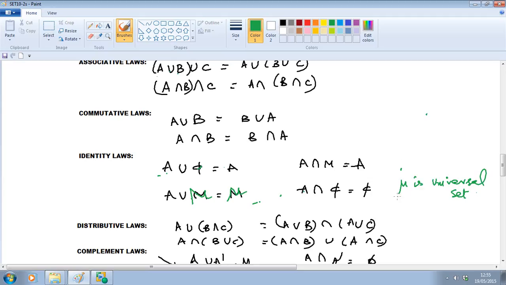We write it like this, perfectly. It's called mu. So A intersection null, when you use intersection, we get null only. And A intersection mu is equal to A. So A is common. All the elements of A are available in the set mu. Mu is the universal set.